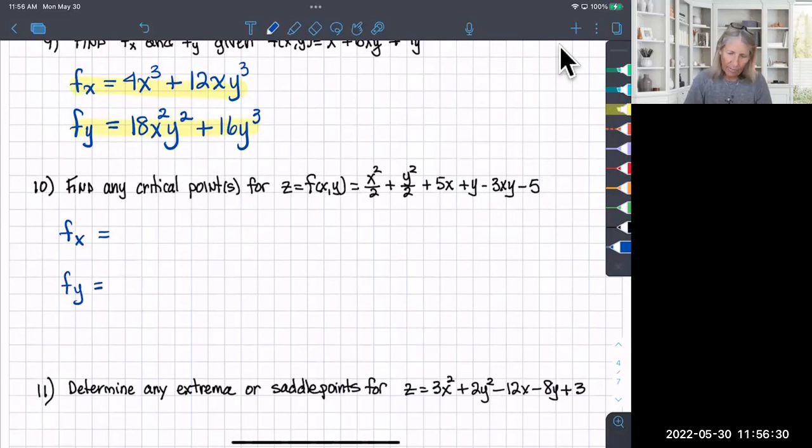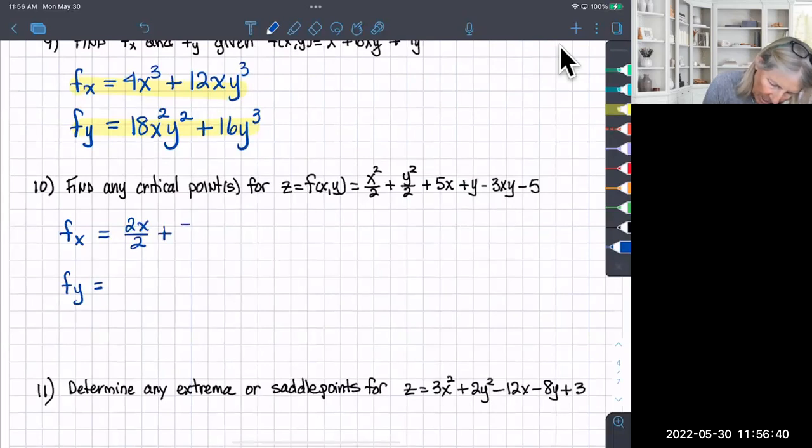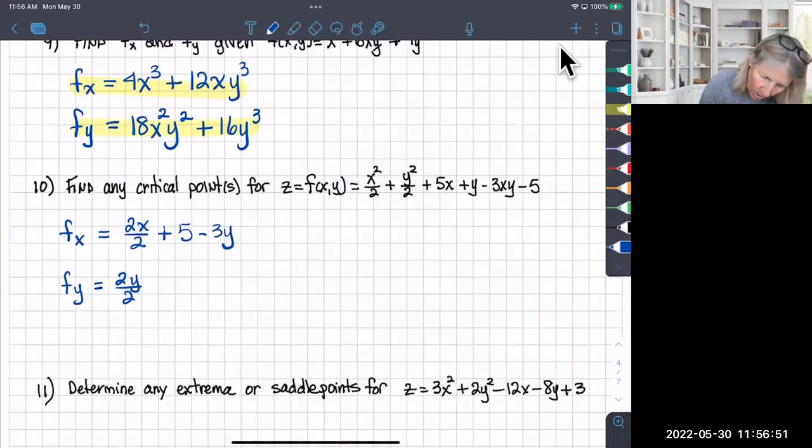Okay, so let's get our derivatives with respect to x and y. So with respect to x, I would bring the 2 down. So this would become 2x over 2. I'll reduce that, plus 5. And then the derivative of negative 3xy is negative 3y. Derivative with respect to y is 2y over 2. Cancel those, plus 1 minus 3x.